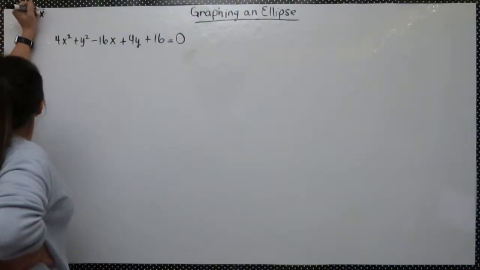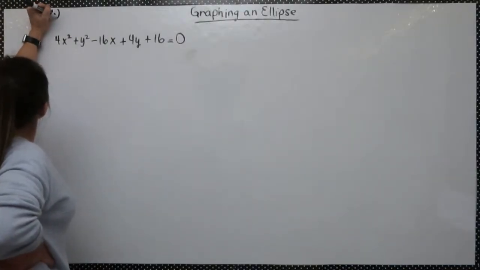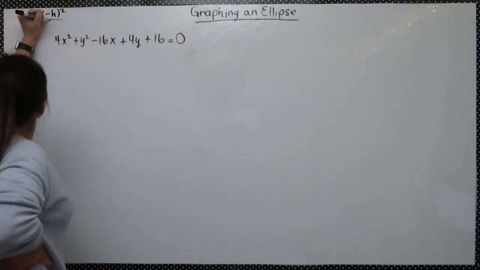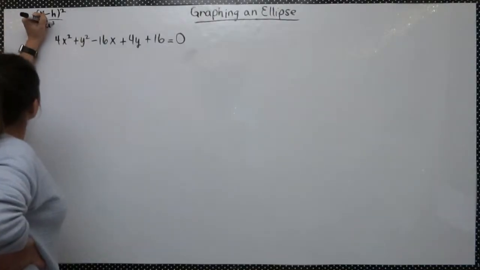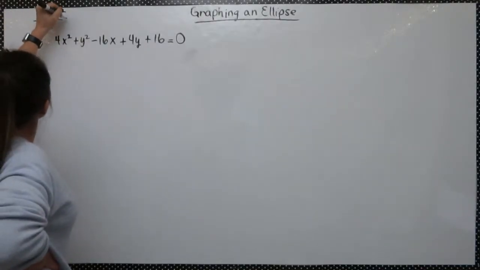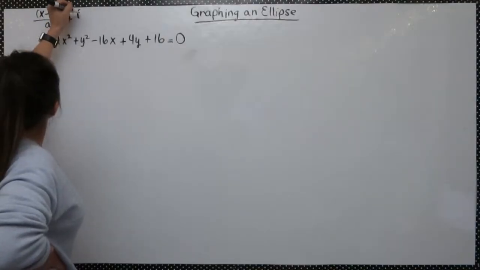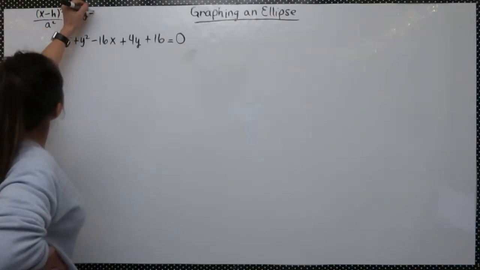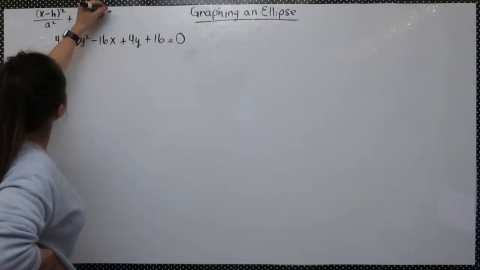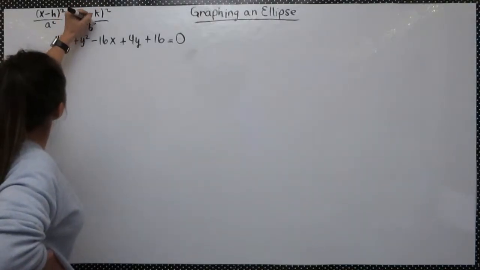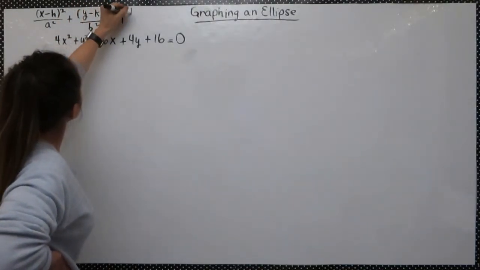It was x minus h quantity squared over a squared, plus y minus k quantity squared over b squared, and that equals 1.